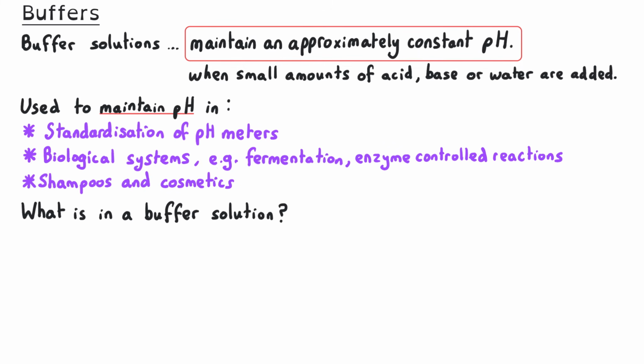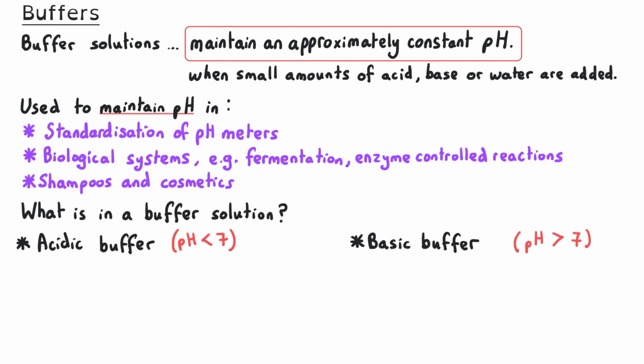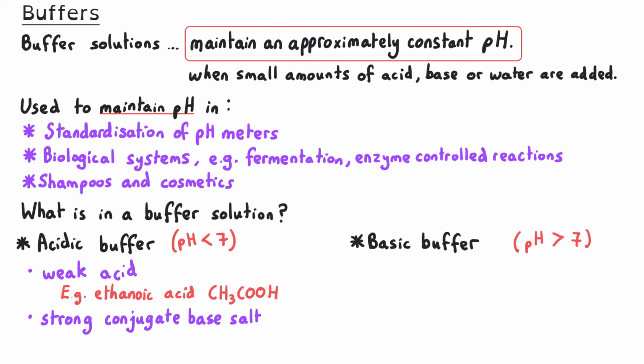There are two types of buffer solution. There are acidic buffer solutions, and these maintain the pH at a level below 7, or basic buffer solutions, which have a pH of greater than 7. An acidic buffer has two parts: a weak acid, for instance ethanoic acid, and a strong conjugate base salt of that acid, for instance sodium ethanoate.